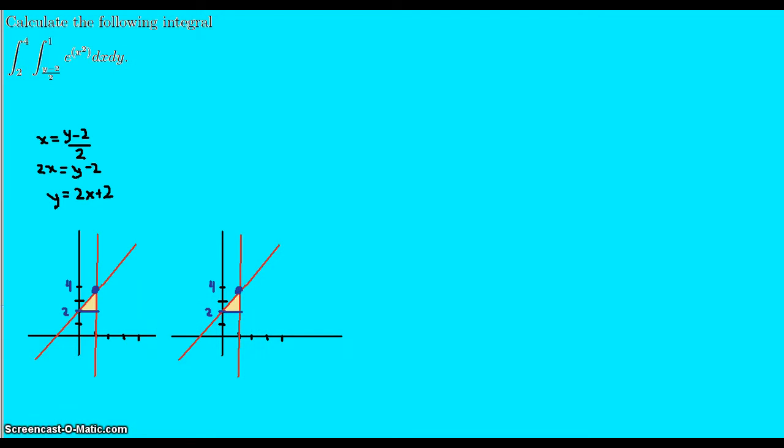As dx dy, we have rectangles that are horizontal, and we move them vertically. As dy dx, we have rectangles that are vertical, and we move them horizontally.